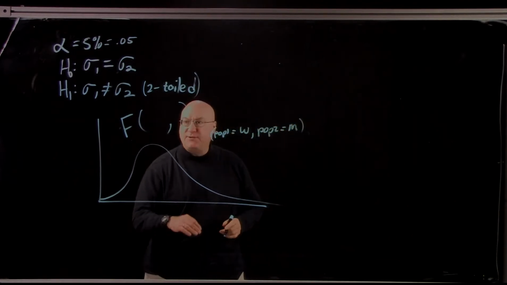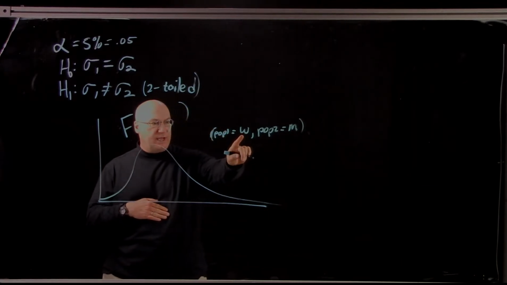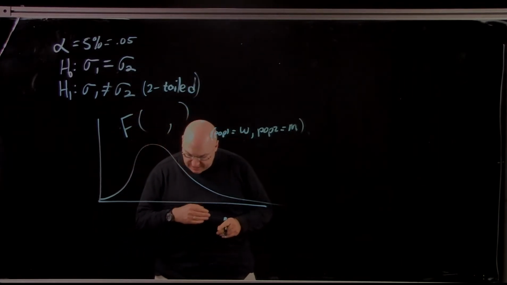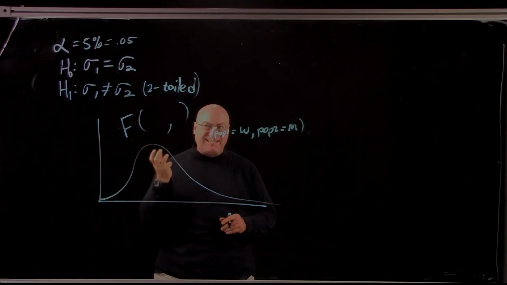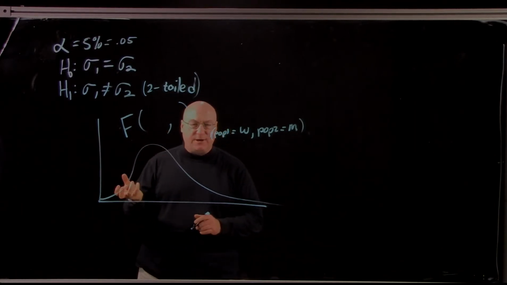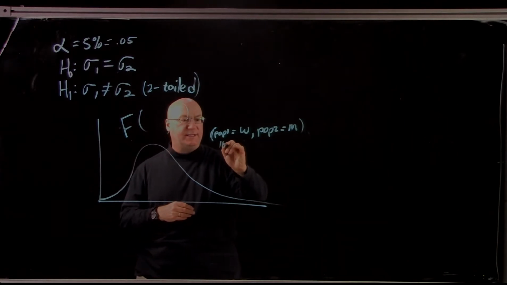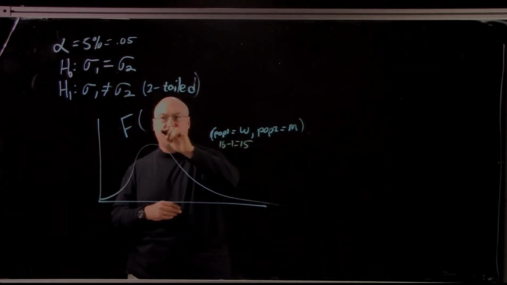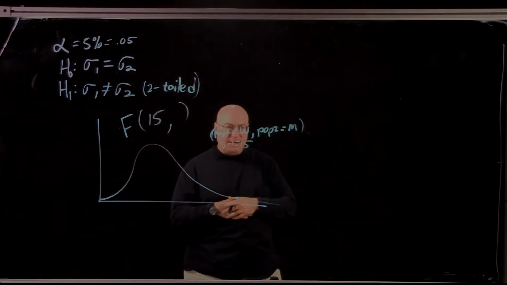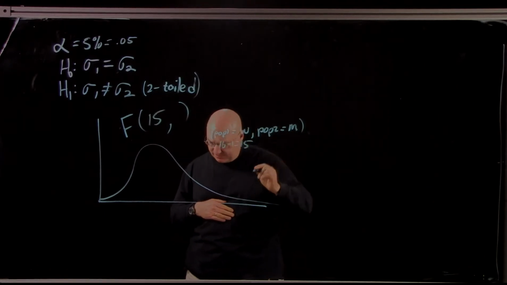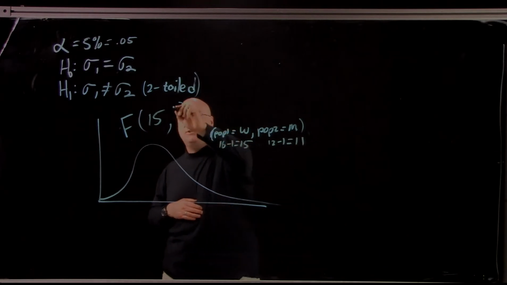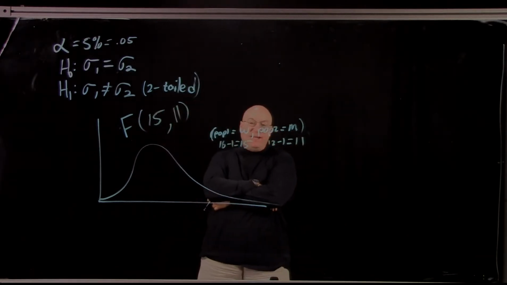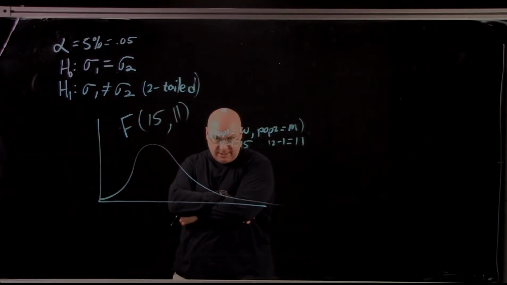The sample of women had the largest sample standard deviation, and it was size 16. So I'm going to look at 16 minus 1, degrees of freedom 1 is 15. And for men, the sample was size 12. 12 minus 1 is 11. So I'm looking at F 15, 11, ain't I?